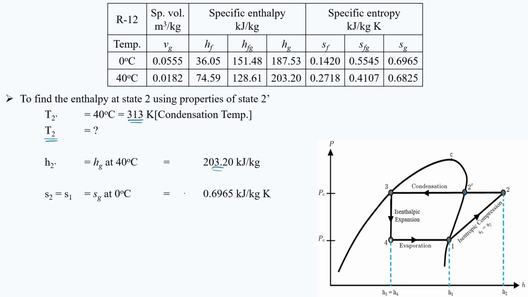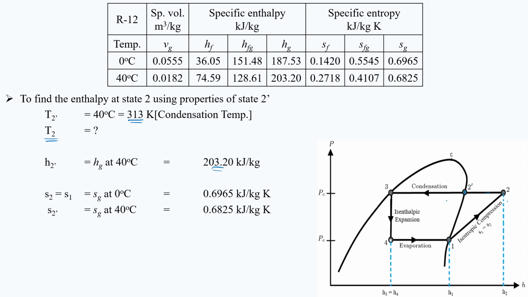Then also we know that for points 1 and 2, that is isentropic compression, the entropy remains constant. So for point 1 and point 2, the entropies of both states are equal. The entropy of point 1 can be easily found from the table: S1 is nothing but the entropy of the saturated vapor corresponding to 0 degrees Celsius, which is 0.6965.